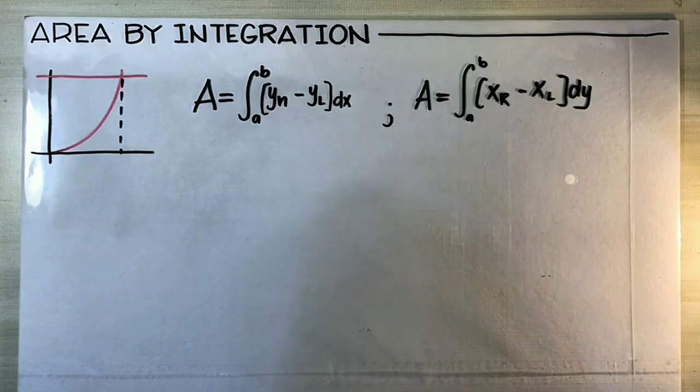So we have here a curve, and as we can observe, this shape doesn't have a specific formula for area, unlike the polygons. So what we are going to do is think what shape we can make here that has a formula for area. We can approximate this with a shape that we can get the area of.